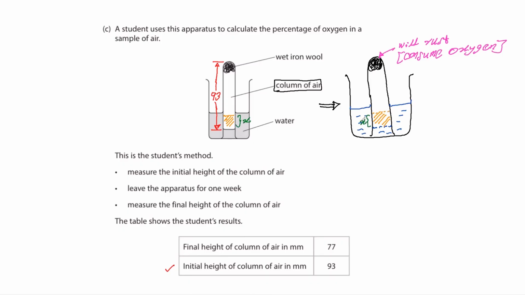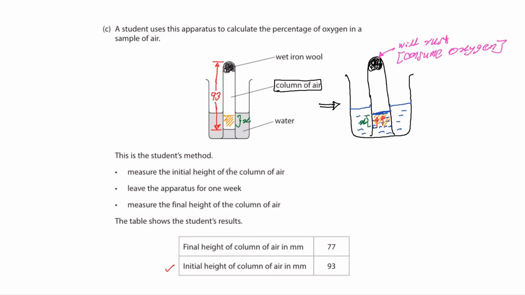Now what will happen when the oxygen is removed? Our liquid level will rise up to cover the volume where you had oxygen. Now the new liquid level is here. When you remove the oxygen, there will be a vacuum, and to replace that vacuum, the water level will rise up.